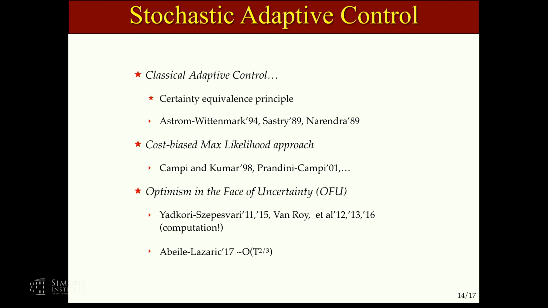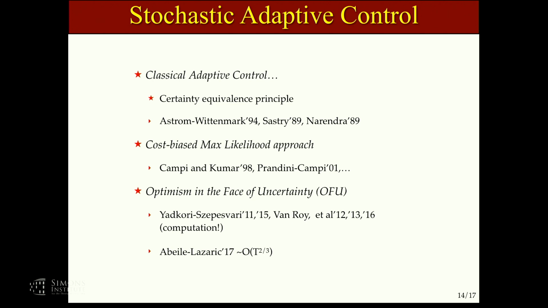So, just a quick word about adaptive control. Of course, this is not a new problem. The key idea, at least in most of classical adaptive control, is certainty equivalence, and it is also well understood that it doesn't always work. There are counterexamples, right? That is why I think the cost-biased maximum likelihood approach was introduced by Campi and Kumar for the same problem, and it asymptotically converges to the optimal policy.